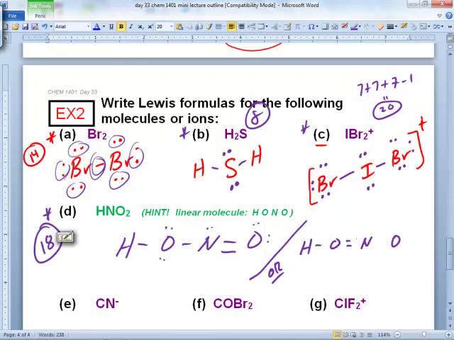You have the double bond there. 2, 4, 6, 8, 10, 12, 14, 16, 18. See, so there's 2 possible answers for this one. Do you see that? Okay.